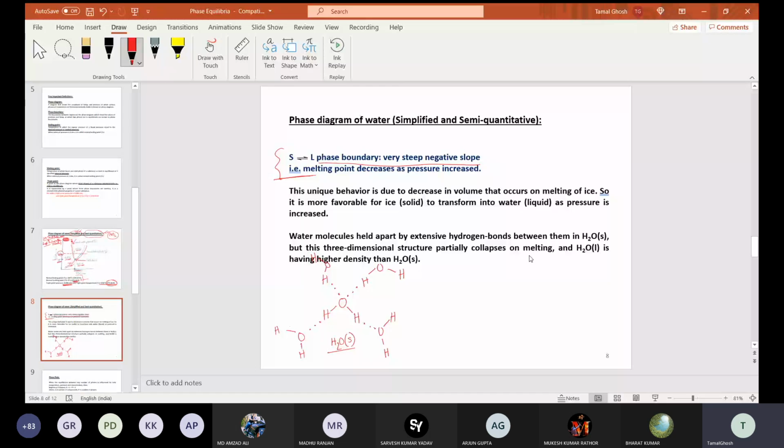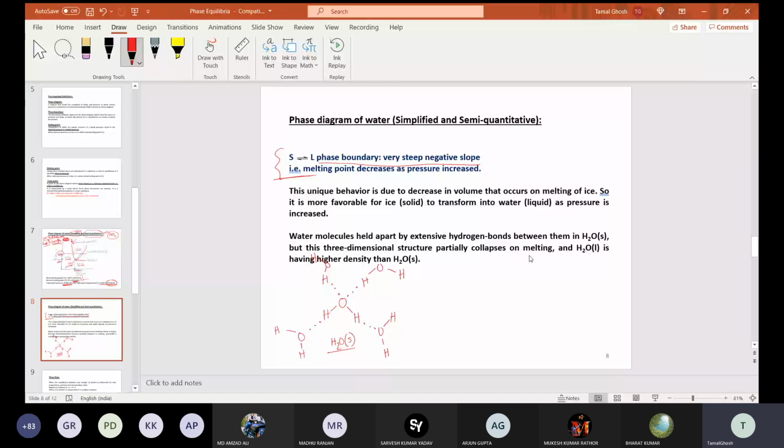So the hydrogen, oxygen, hydrogen, this bond angle is relatively slightly smaller. That is okay. But along these 2 bond pairs and 2 lone pairs, there will be basically 4 hydrogen bonds taking place.